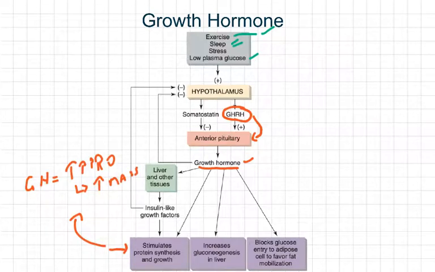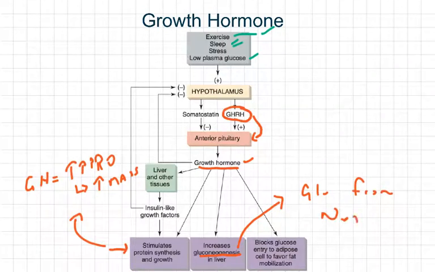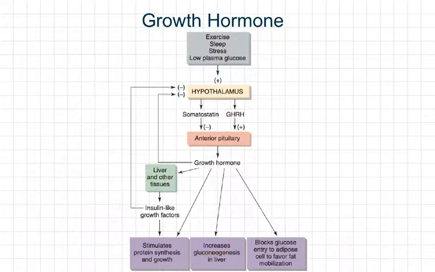The other side of this is it works on the liver to help with gluconeogenesis, which is the creation of glucose from non-carbohydrate sources. And finally, it blocks glucose entry in the adipose cell in favor of fat mobilization. So what I want you to take away from this is the 3 elements that growth hormone affects in response to exercise.